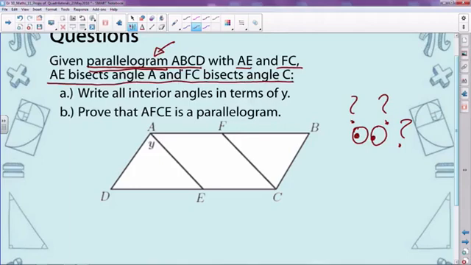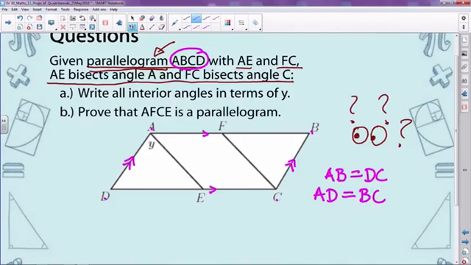So let's draw this now. Parallelogram ABCD. There's A and B, C and D. Now a parallelogram means that these two sides are parallel to each other and these two sides are parallel to each other. But we also know that AB will have the same length as DC, and AD will have the same length as BC.